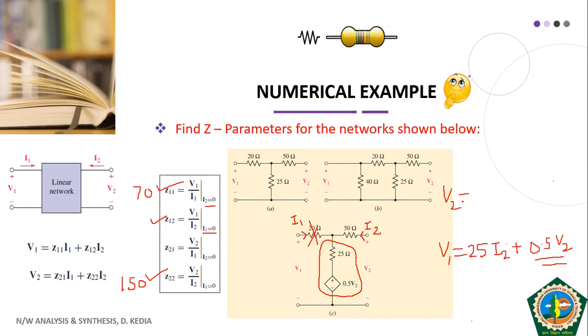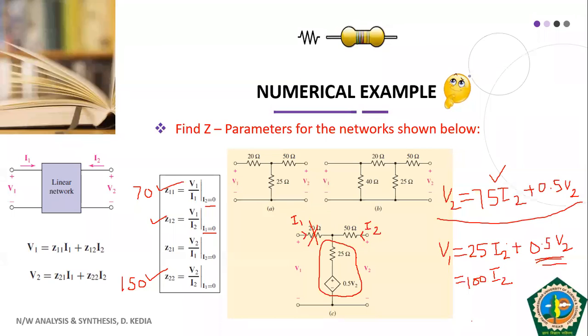As we had written earlier also, V2 will be 75 I2 plus 0.5 V2, and from here you can find out the value of 0.5 V2. 0.5 V2 is nothing but 75 I2. You put 75 I2 here. So what do you get? V1 equal to 100 I2.